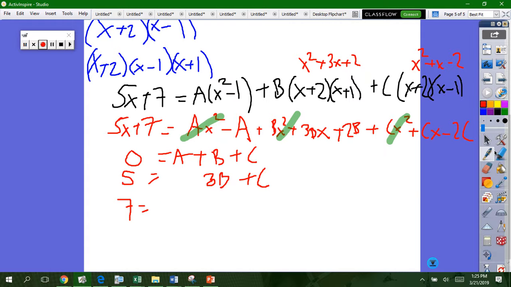And then once again, I like to go ahead and get rid of the terms that I've used so I know what's left over. I also know negative a plus 2b minus 2c should equal 7, because those are all the terms without a variable, right? Does everybody see all those? Are we understanding why it should equal these values? Because when I combine like terms, those coefficients better equal the coefficients on the number side, right? Go ahead.